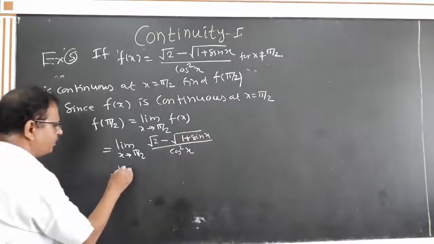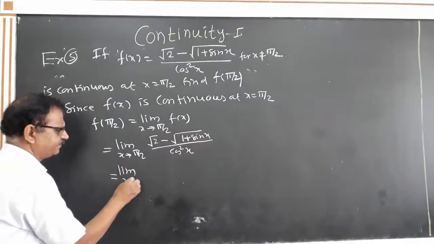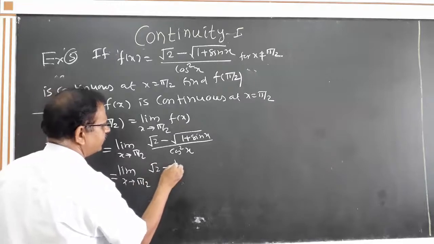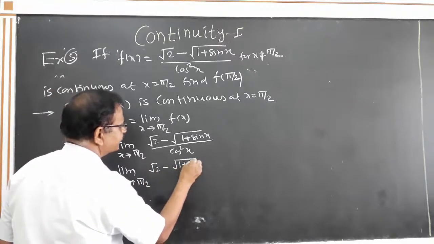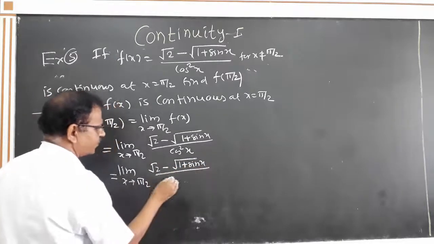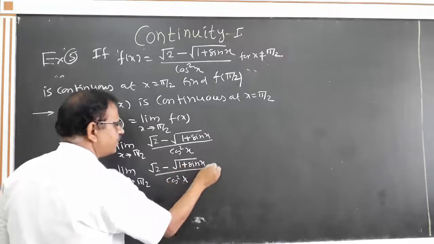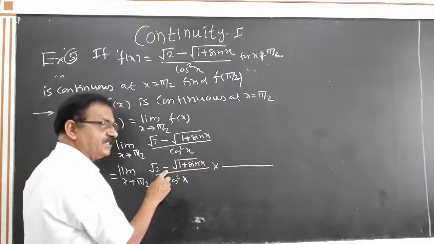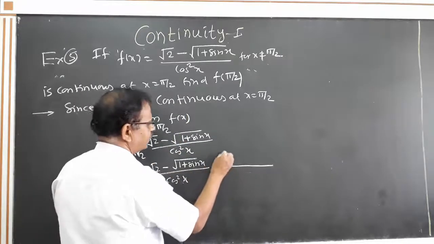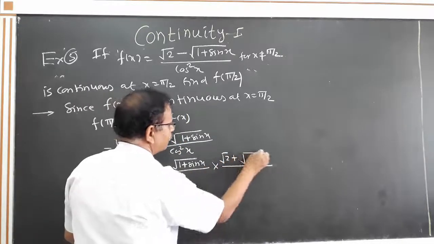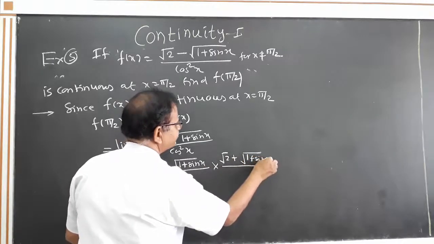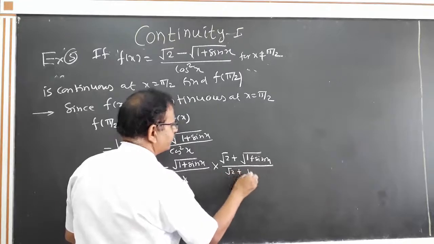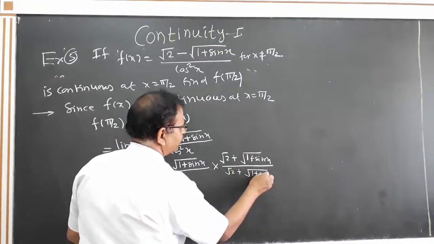Limit x tends to pi by 2, we shall write it as it is, (root 2 minus root of 1 plus sin x) divided by cos square x. What we shall do? We shall multiply and divide by the factor by taking plus sign instead of this minus sign: root 2 plus root of 1 plus sin x divided by root 2 plus root of 1 plus sin x.